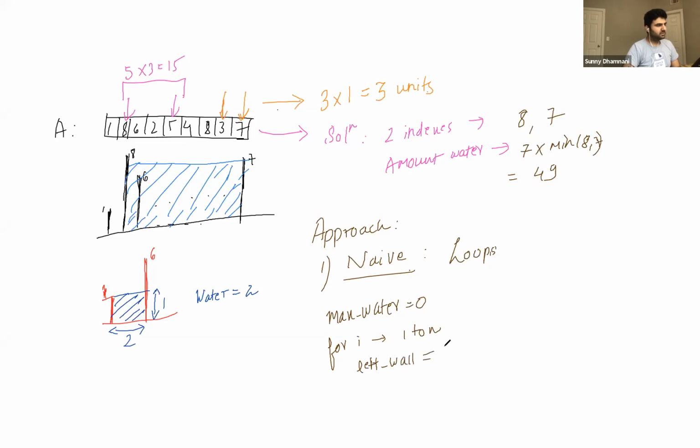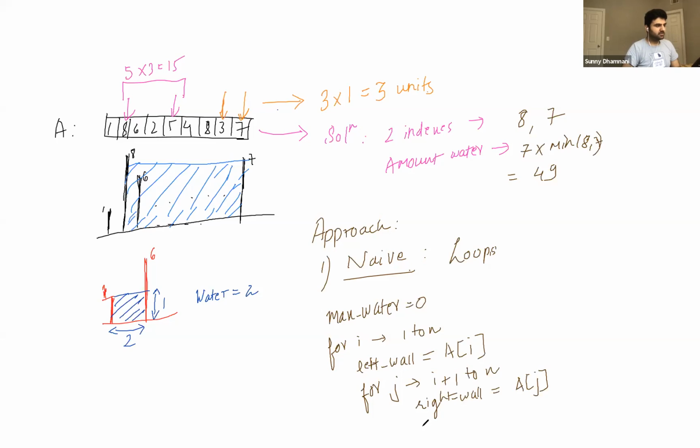The left wall would be a of i. Then for this left wall, I will find the right wall. So I'll start from i plus 1 to n, and my right wall will be a of j.